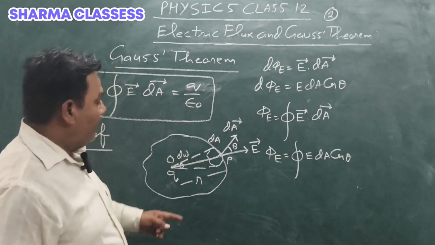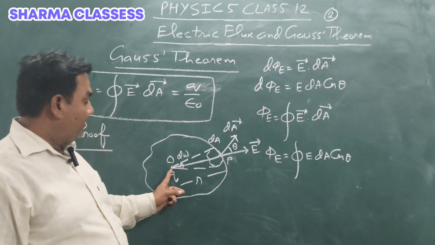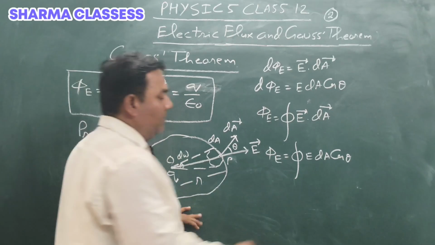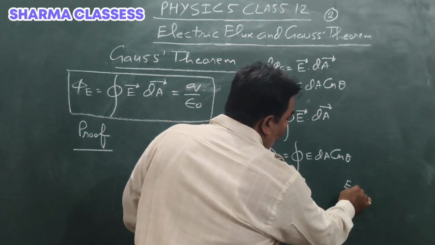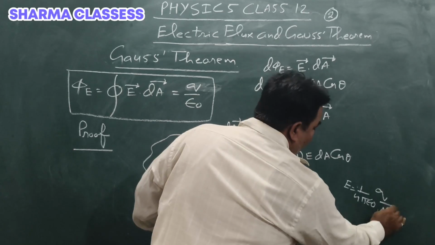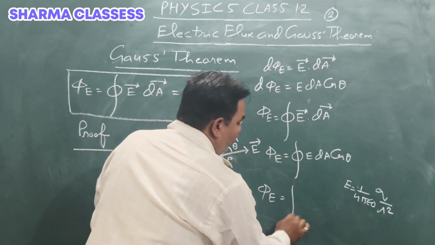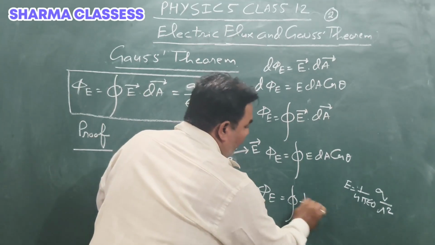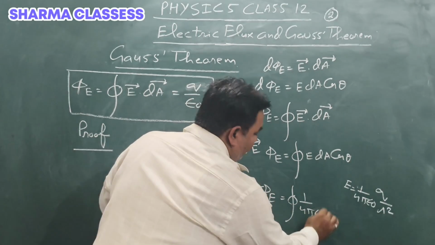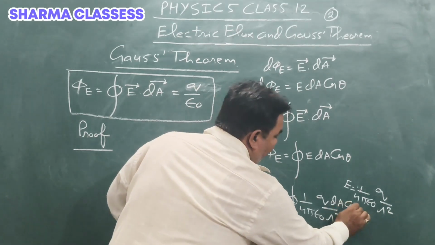Now putting the value of the intensity of electric field at any point due to this point charge, E is equal to 1 upon 4 pi epsilon naught Q upon r square, phi is equal to integration of 1 upon 4 pi epsilon naught Q upon r square into dA cos theta.